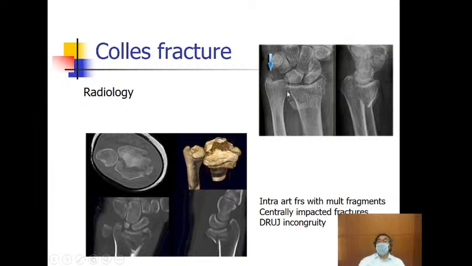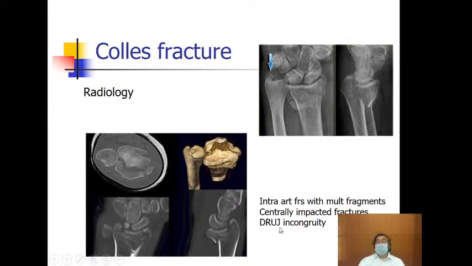The joint line should be normal, smooth. If the joint line is not normal even after your reduction, then there will be a step irregularity, and this irregularity may lead to what is known as secondary osteoarthritis, and it will result in a severely painful wrist with severe restriction of the movements of the wrist joint.